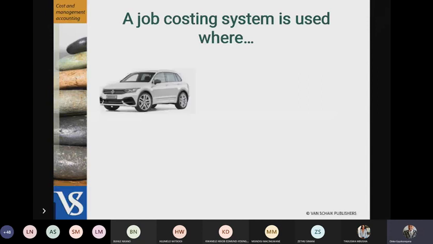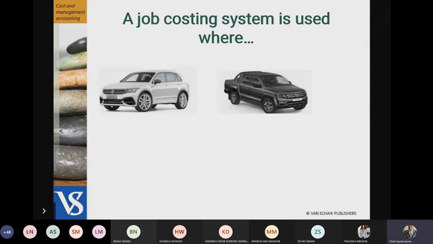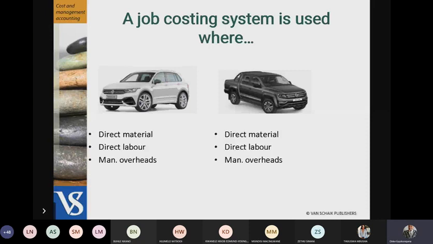And a job costing system is used where it is used. So it means that we are going to look at the direct material for each and every car, direct labor and manufacturing overhead for each car.